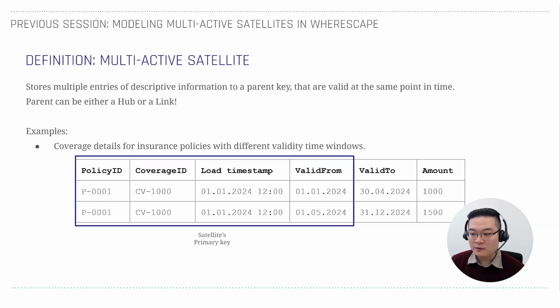And together, the satellite primary key is the hash keys. Of course, in this case, because it's going to be a link satellite, you would see a link hash key calculated from the business keys of policy and coverage. The load date timestamp would be part of the primary key of the satellite, and also the valid from.